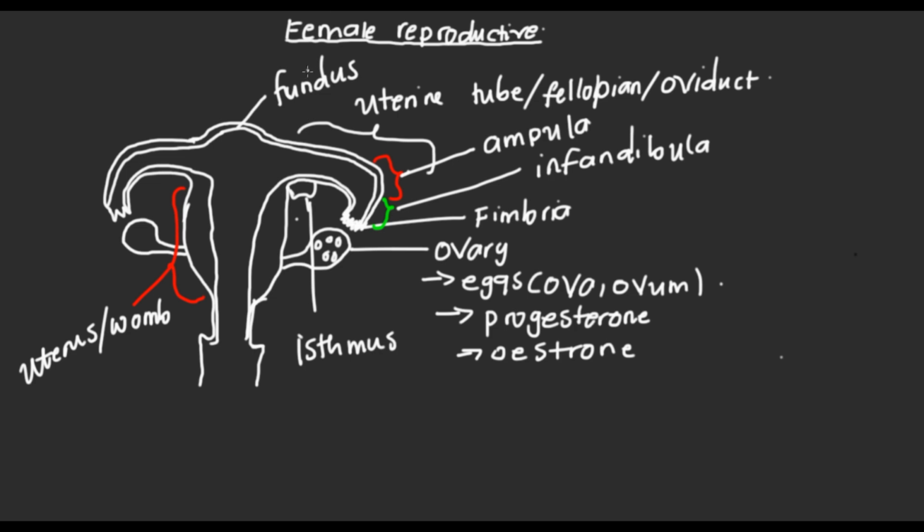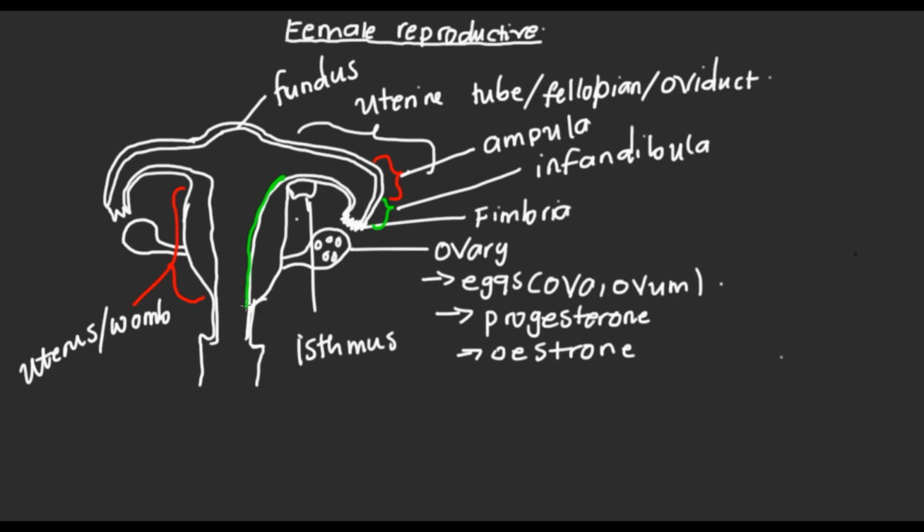Now, this same uterus is made up of different layers and also different membranes. The inner membrane of the uterus, somewhere here, is called the endometrium.